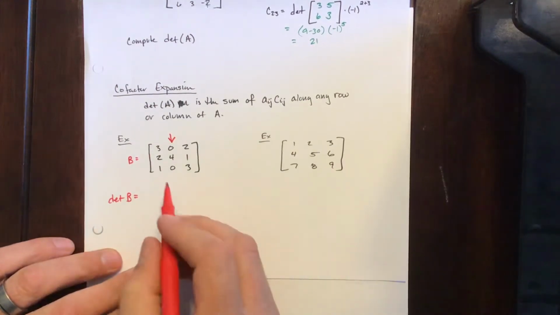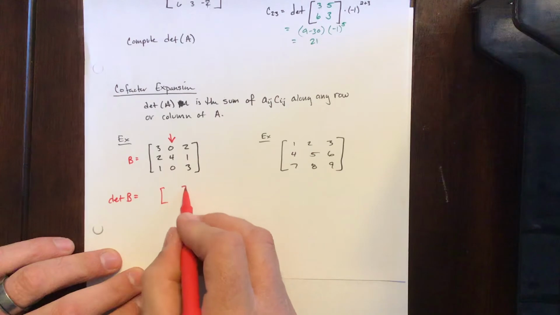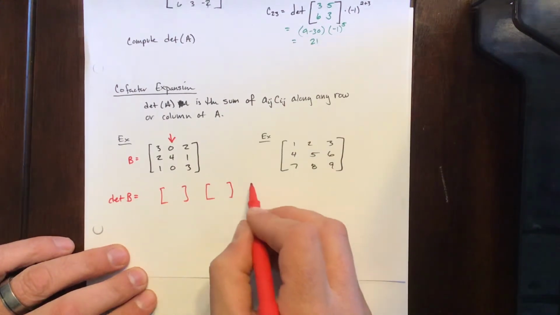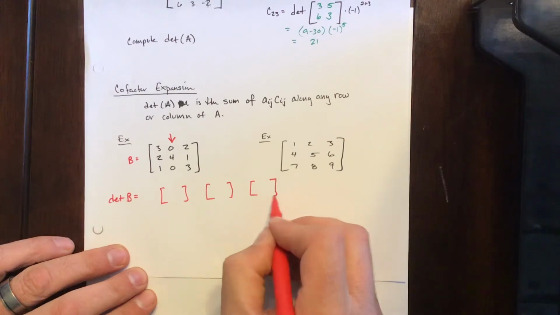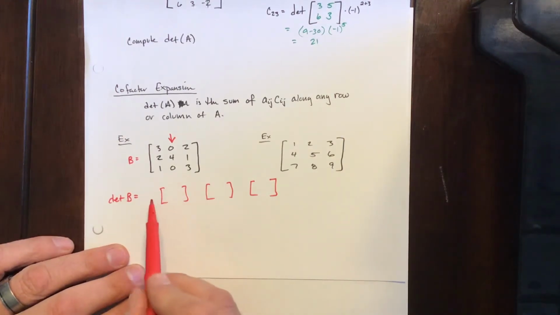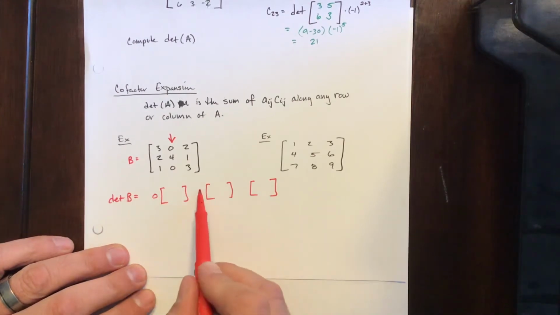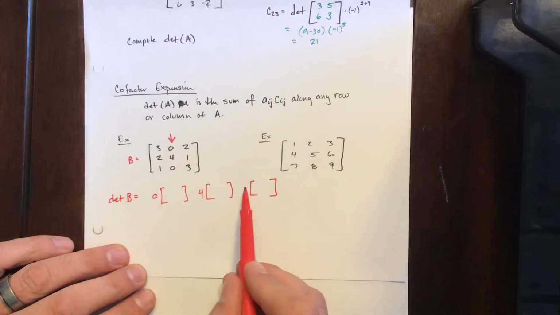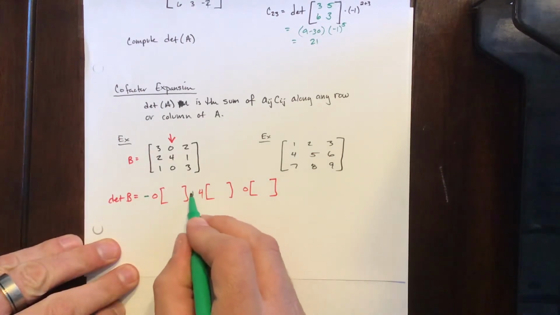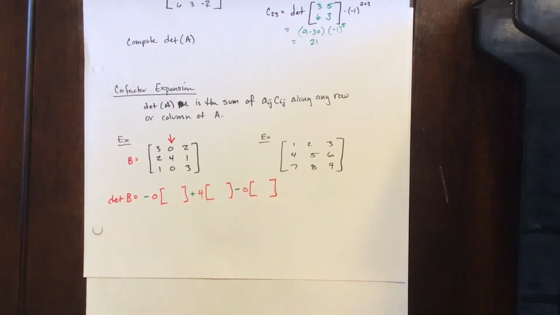So when you set up your determinant, you're going to multiply the first matrix by 0, the second matrix by 4, the third matrix by 0. The signs will go minus, plus, minus.